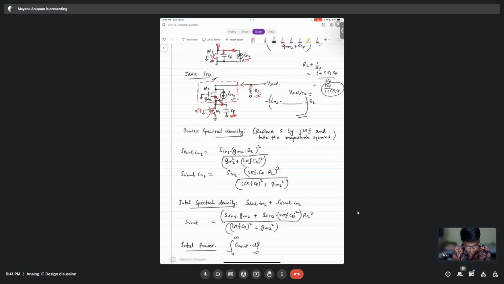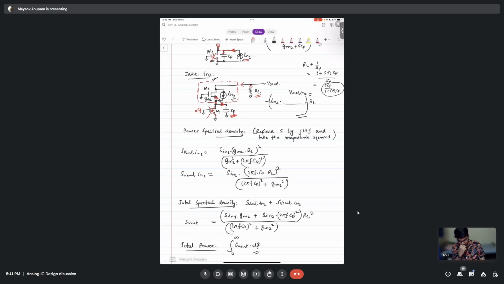Yes, sir, but if we take the small signal, suppose we disconnect the MO1 CCP and also the noise source IN2, and we connect a test voltage signal, that is Vx.